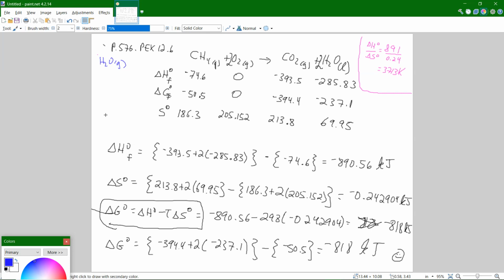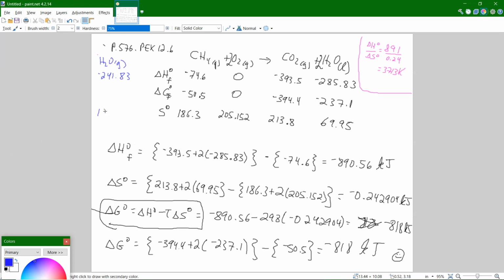So for H2O liquid, we already wrote those ones down. H2O gas is going to be minus 241.83 for delta H naught of formation. Delta G naught of formation I don't care about. The S naught for H2O gas is 188.835.